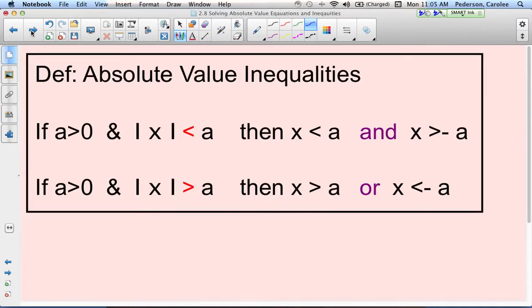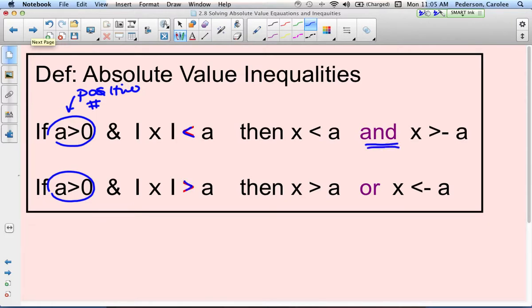So here's the definition of an absolute value inequality. Notice both of them, the A has to be a positive number for us to find the solution. So the first scenario is when absolute value of x is less than A, then you have a conjunction.